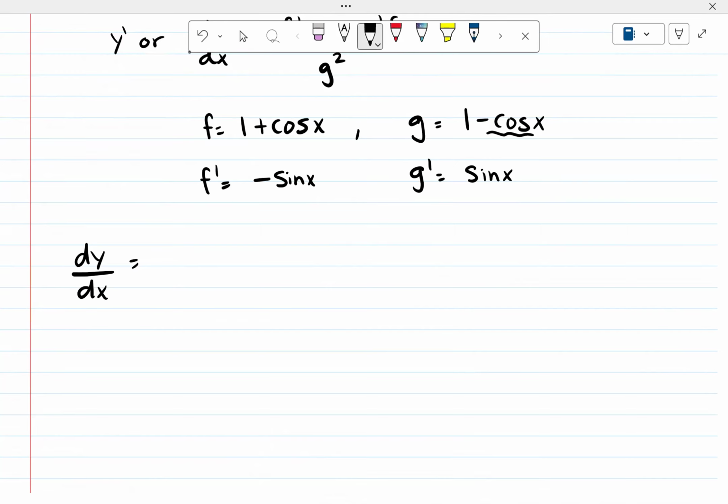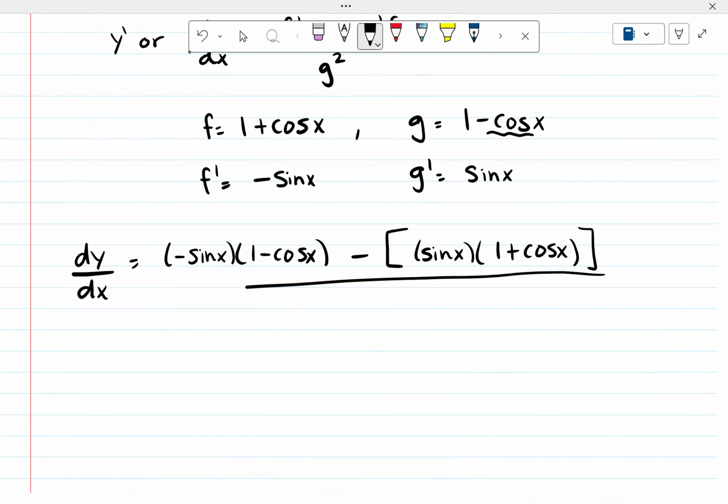My f prime is negative sine of x, and my g is 1 minus cosine of x, minus g prime, which is sine of x, times f, which is 1 plus cosine of x, all over the squared, so 1 minus cosine of x squared.